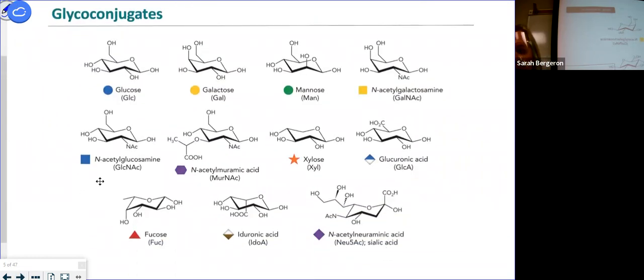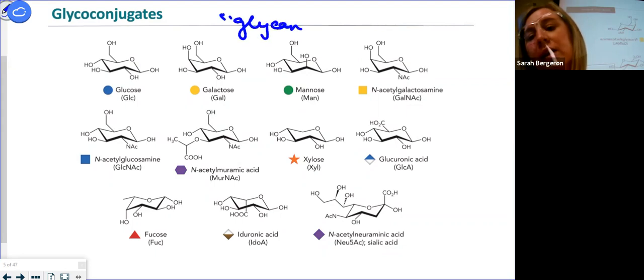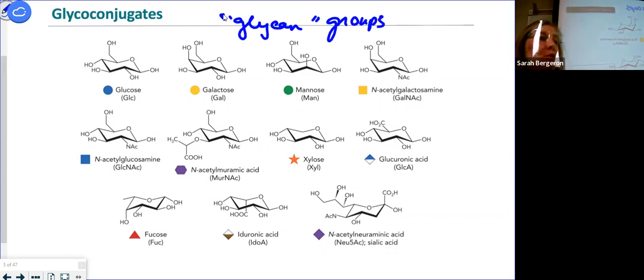Okay. So here are a few of the individual monomers of sugar residues that are attached to either proteins or lipids or whatever it is. But these are our glycan groups, right? I don't really call them sugars anymore.